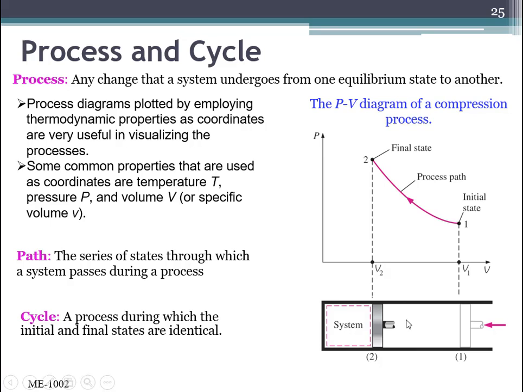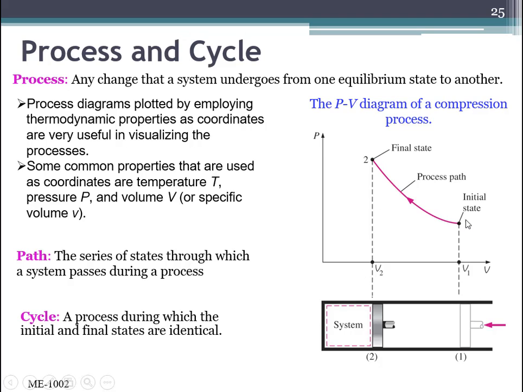If I plot the whole process on a PV curve, where V is on the x-axis and P on the y-axis, so at point 1, the volume is larger compared to V2, but the pressure is lower, right? It's a low pressure at point 1. What happens if you press it? You are actually increasing the pressure, but meanwhile you are decreasing the volume because you are moving to the left-hand side of the x-axis.